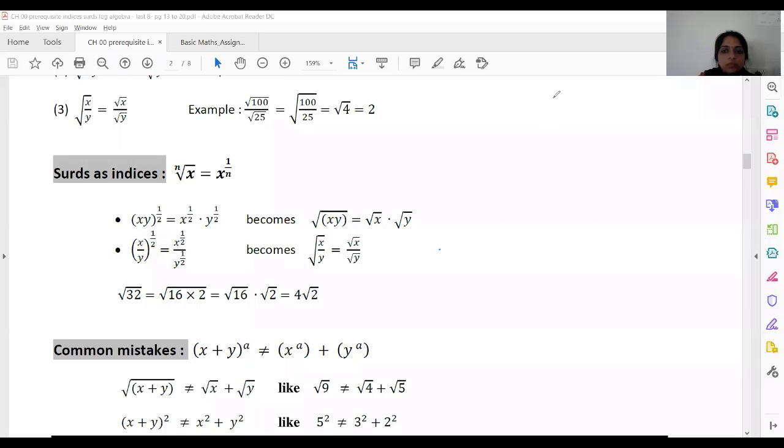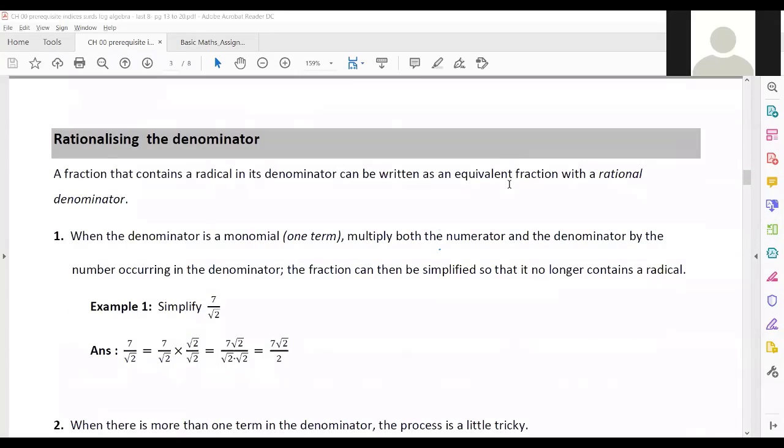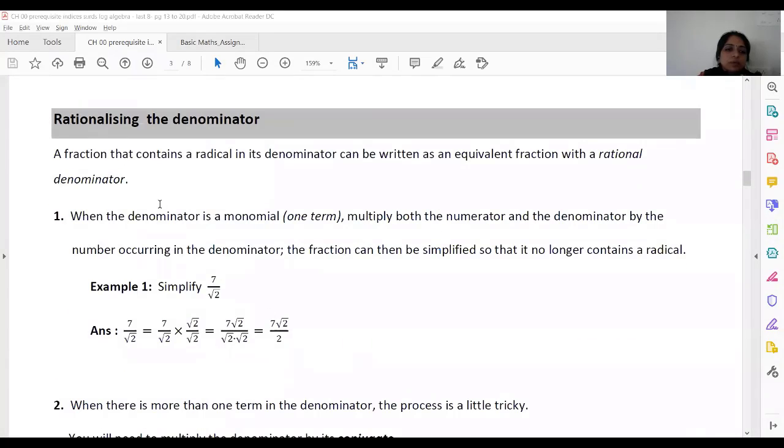Now, rationalizing the denominator. A fraction that contains a radical in its denominator can be written as an equivalent fraction which has a rational denominator.